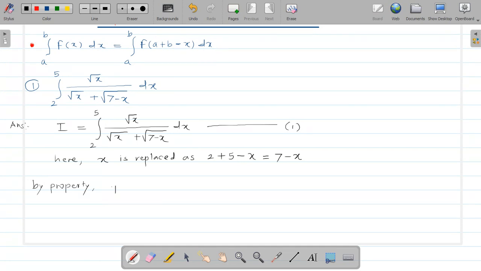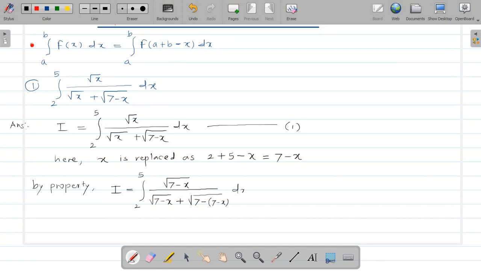Now what will you get? I is equal to integration from 2 to 5. Now in place of x I will put 7 minus x, so the numerator will be root of 7 minus x, upon, in the denominator, where it was root x it is replaced by root of 7 minus x, plus in the second root, in place of x it is 7 minus x.